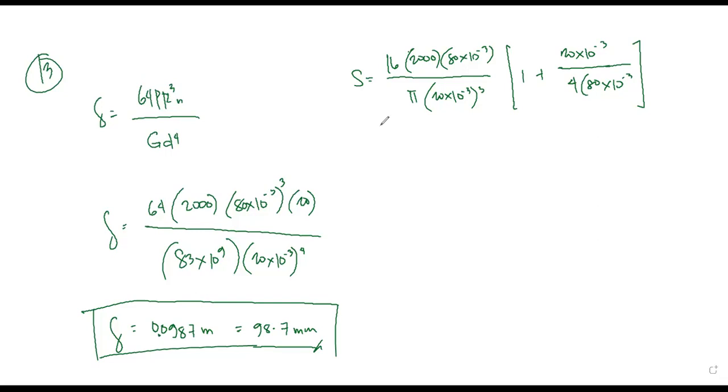Using the approximate formula, you have a stress of 108.2 megapascal. But using the heavy spring formula, you have the 16, the same as with the light spring.